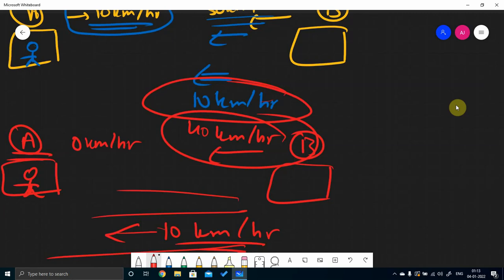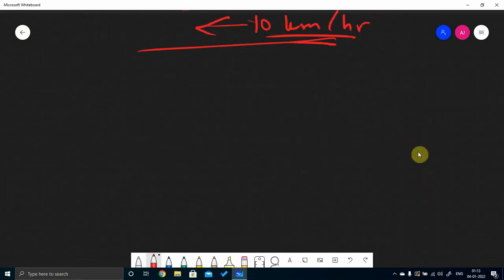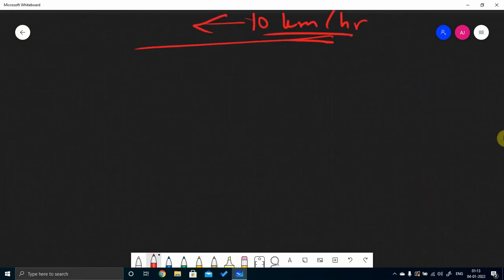Now we have one more term that's left, that is acceleration. Right, we have another term. Now this term is pretty easy to understand since we have already dealt with the previous terms. Acceleration. What is acceleration?